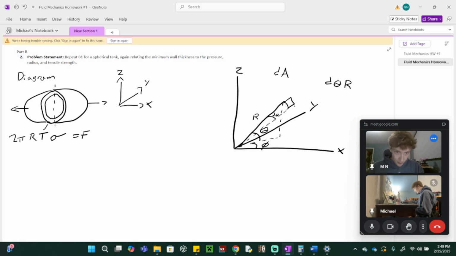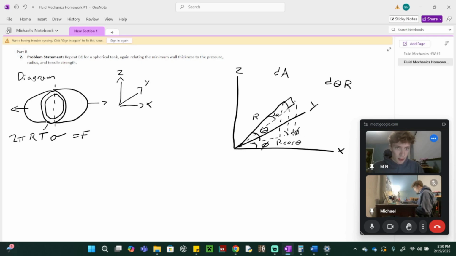Our next length, if we project this down onto our xy plane, we can look at this length, which would be r times cosine of theta, and this would be multiplied by some angle right here, d phi.